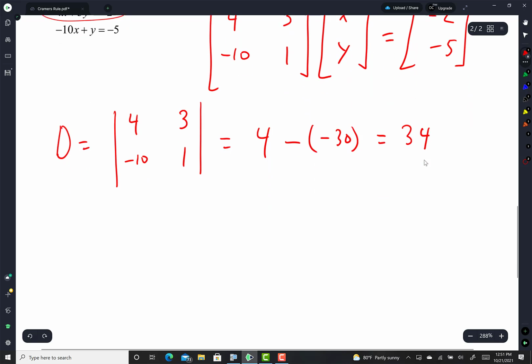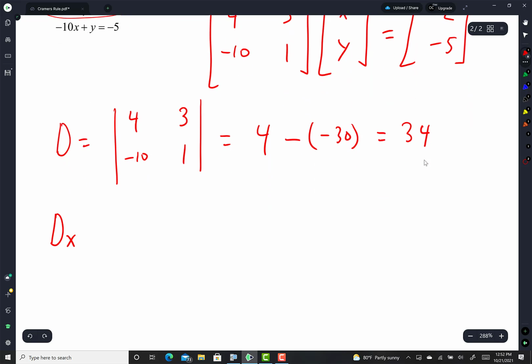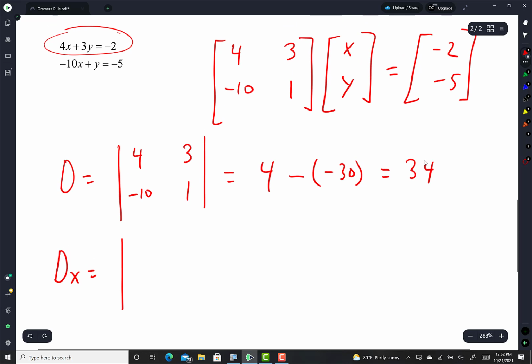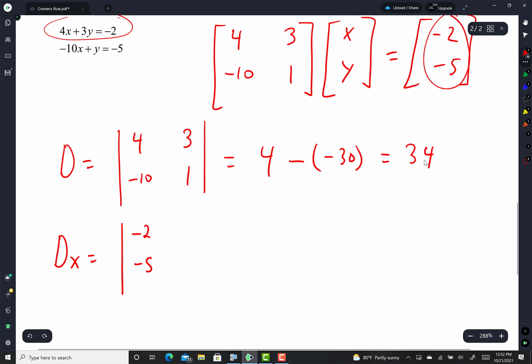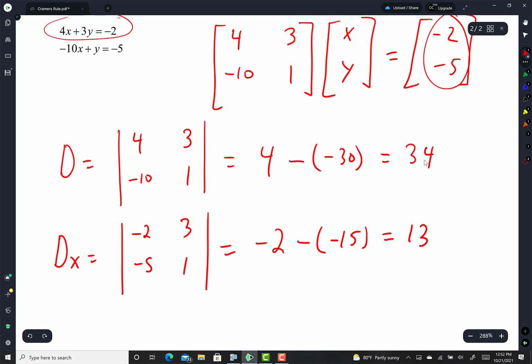Are we still okay? I go determinant X equals, and I change the X column only. And what do I put in place of the X column? -2, -5. And then my Y column, 3, 1. So let's see. -2 minus a -15. So what's that? 13.